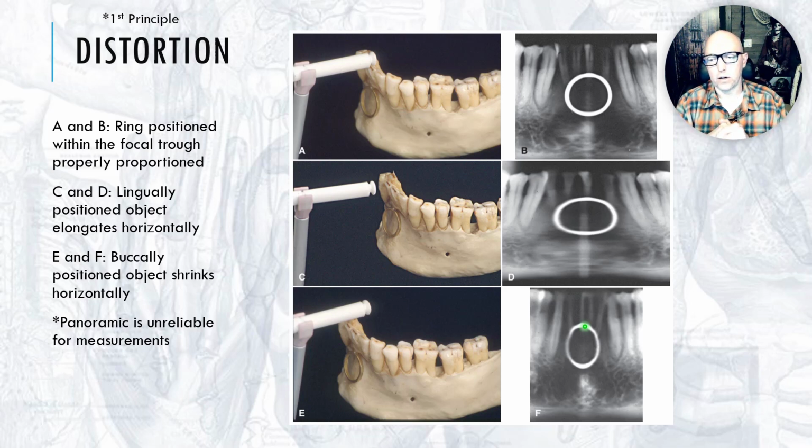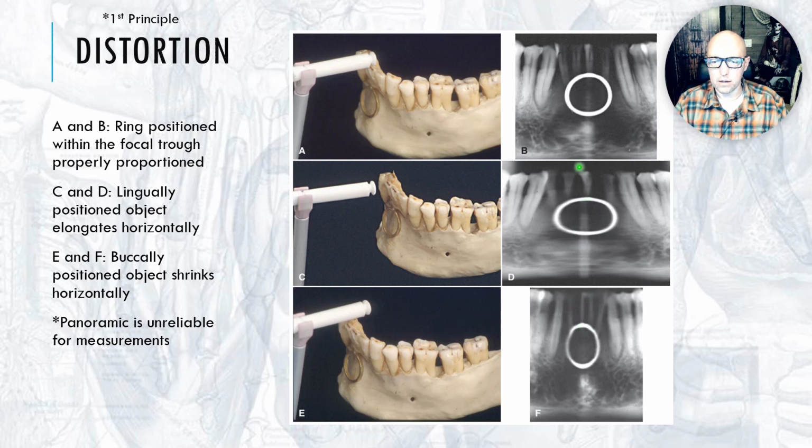And so in that regard, it's a little bit different from just two-dimensional projection, but it has to do with creating that focal trough. If we're too far forward, it's no longer proportioned. It's closer to the sensor. The sensor's in front of the patient when you're imaging the front. Being closer to the sensor, shrunken down horizontally. It also becomes a little bit blurred.